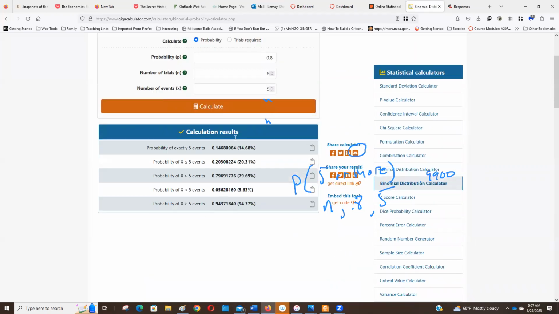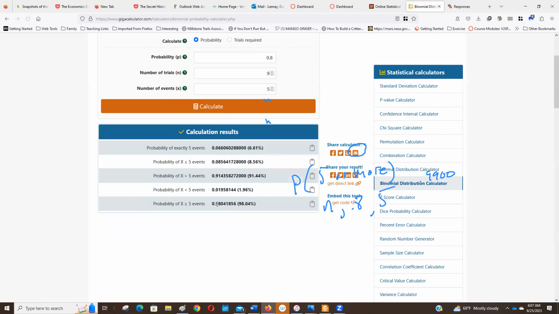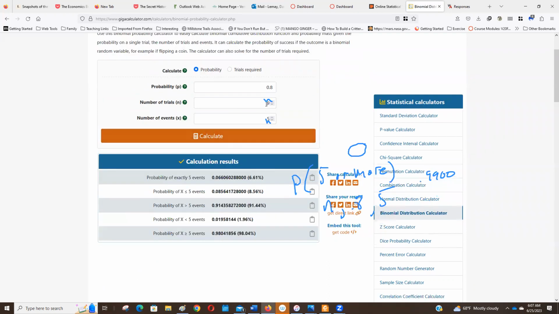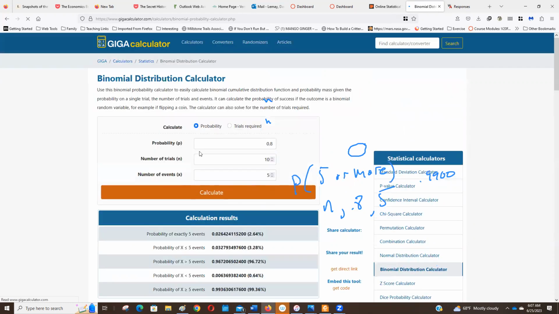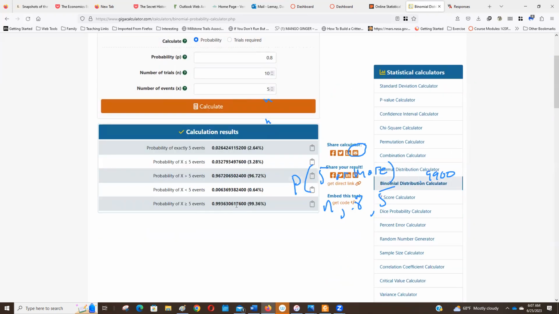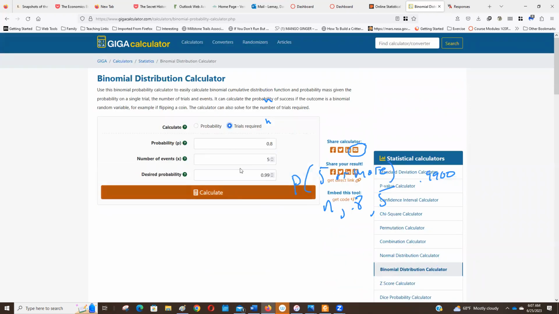And close, getting better. And then 9 trials. And again, that's close, but not quite. So we probably have to go to 10. And let's see what that probability is. Yeah, 0.933.